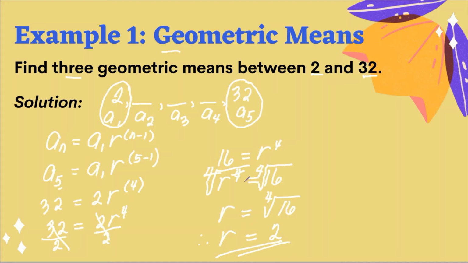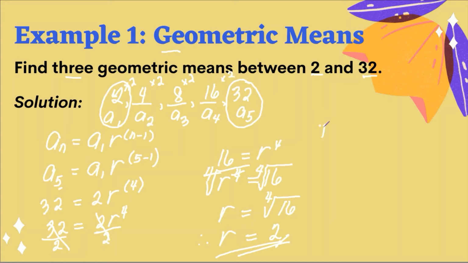Since we know the common ratio, we know now what number we need to multiply to the first term to get the next term. So that will be 2. So 2 times 2 is 4, times 2 is 8, times 2 is 16, times 2 is 32.